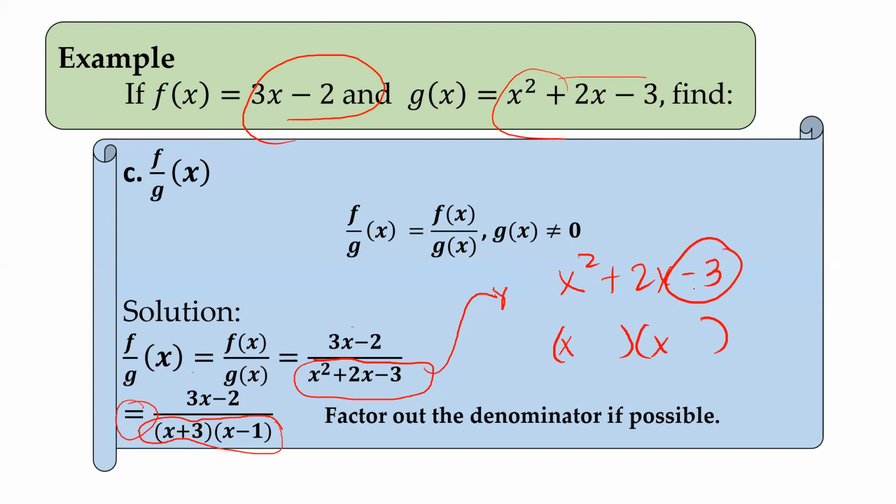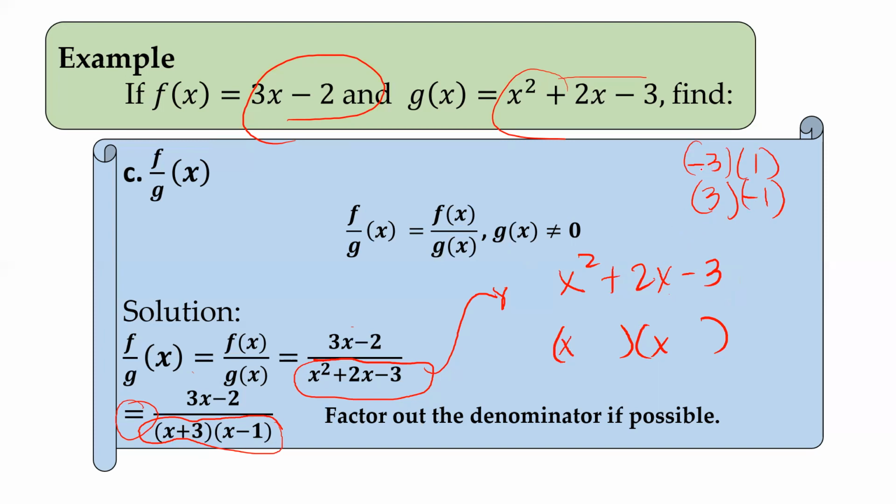What are the factors of negative 3 that would result with positive 2 if i-add natin? Factors of 3 are negative 3 times 1, and also positive 3 times negative 1. I think wala nang iba.